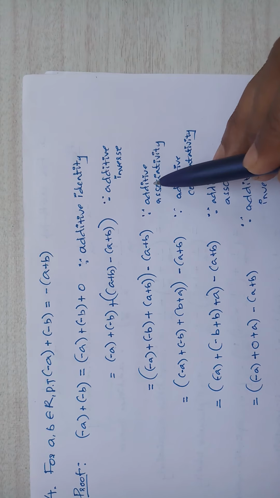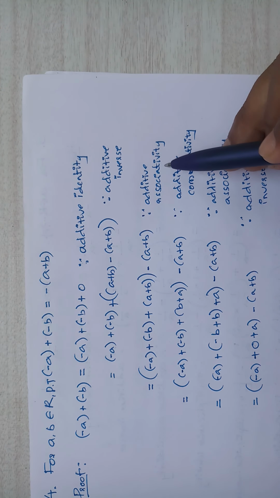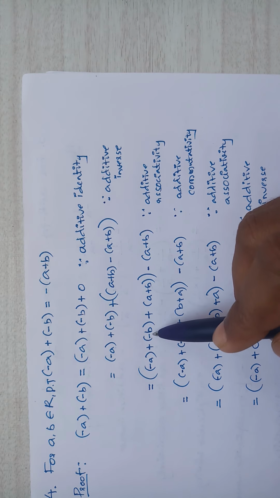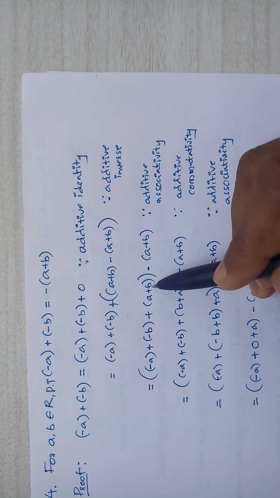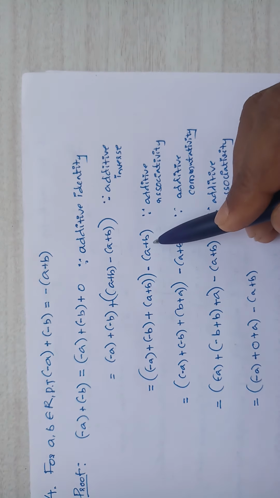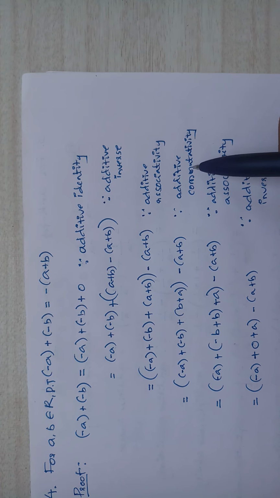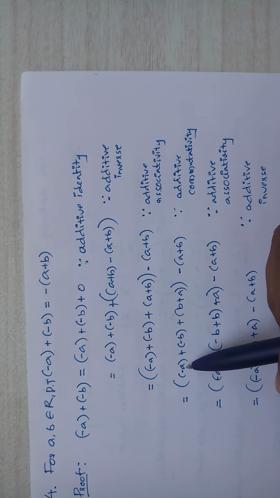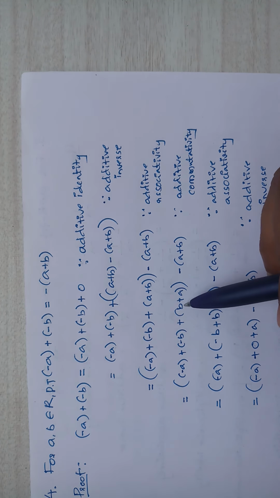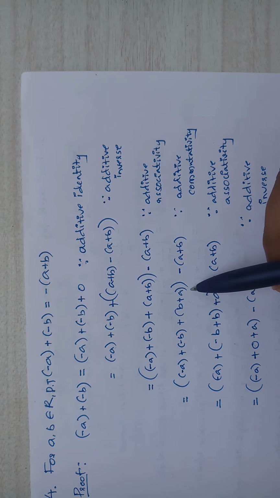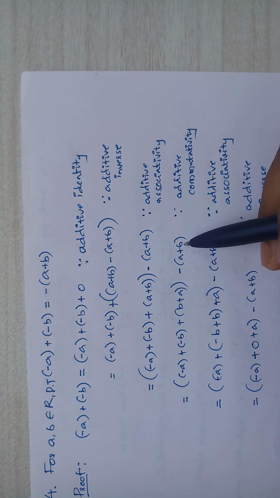So using additive associativity I take this term, minus of a plus minus of b plus a plus b minus of a plus b. So using additive commutativity, I write this as minus of a plus of minus of b plus b plus a, which can be written as b plus a using additive commutativity, minus of a plus b.